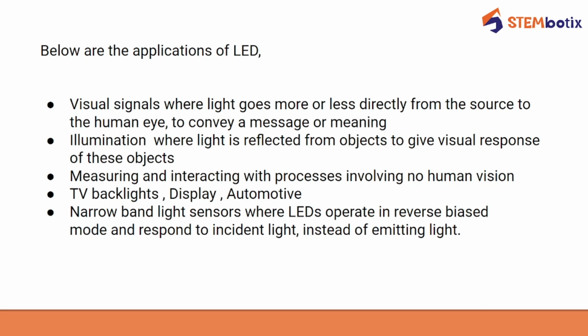Also in measuring and interacting with processes involving no human vision. TV backlights, displays, automotive, or you can say vehicle headlights, and narrow band light sensors where LEDs operate in reverse biased mode and respond to incident light instead of emitting light. So these are the application areas of LEDs.